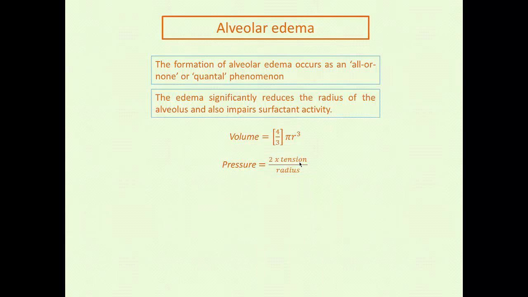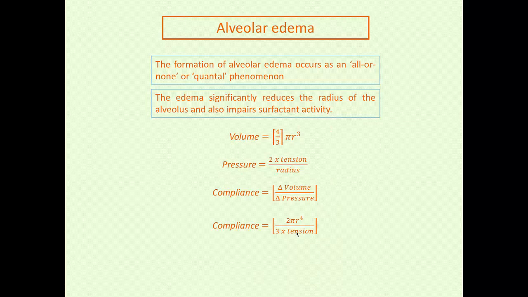And again, this tension is surface tension, so this is going to be greatly affected by surfactant activity. And then if you were to say, well, compliance is the change in volume over the change in pressure, and you combine these, you get this compliance as being very heavily sensitive to changes in the radius of the sphere, and also compliance being related to the surface tension.